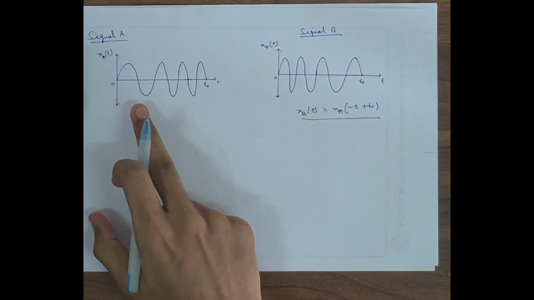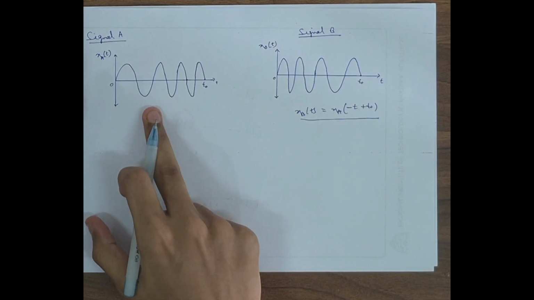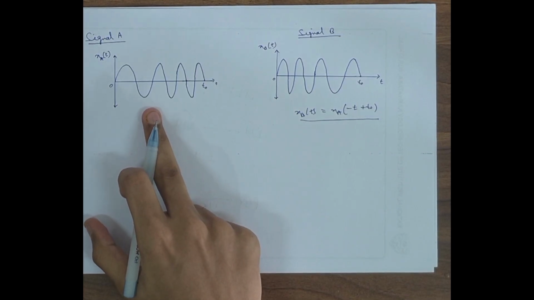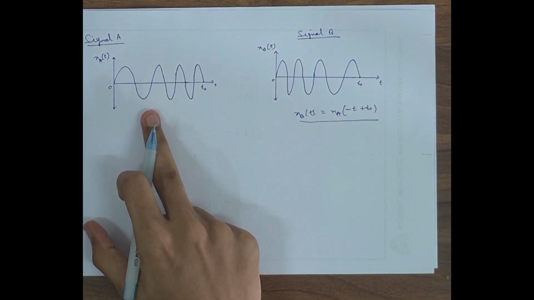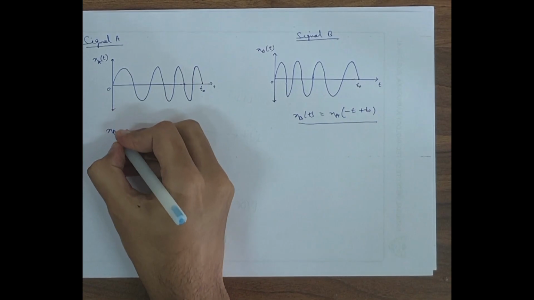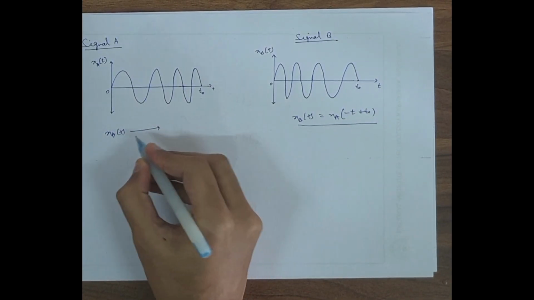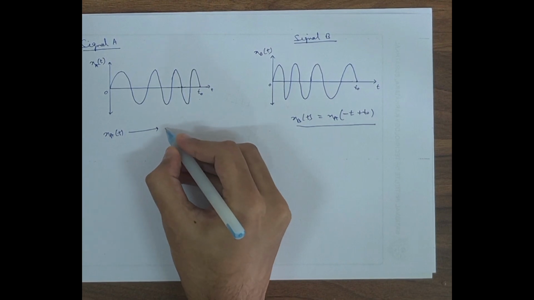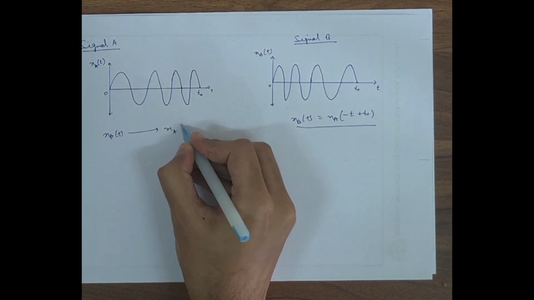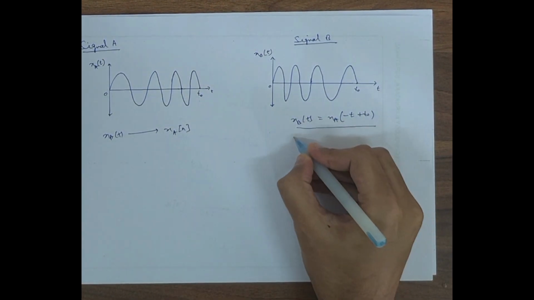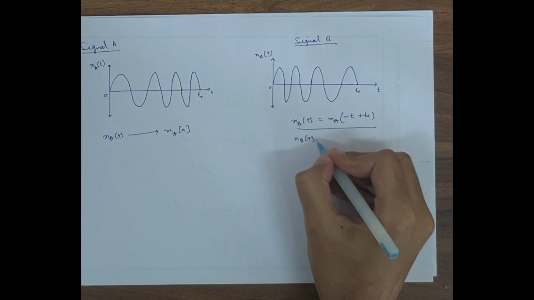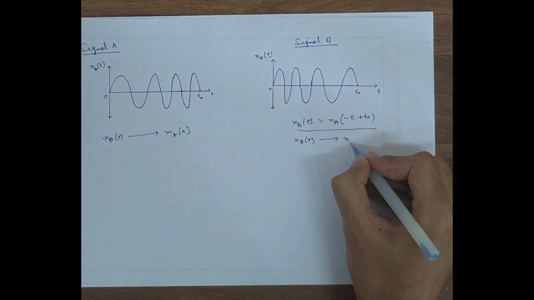So now I'll be sampling this continuous signal because this is in the continuous time domain. I need to sample it and convert it into the discrete time domain. So xa of t is being sampled and it's getting converted to xa of n. And similarly, you have xb of t getting sampled and getting converted to xb of n.